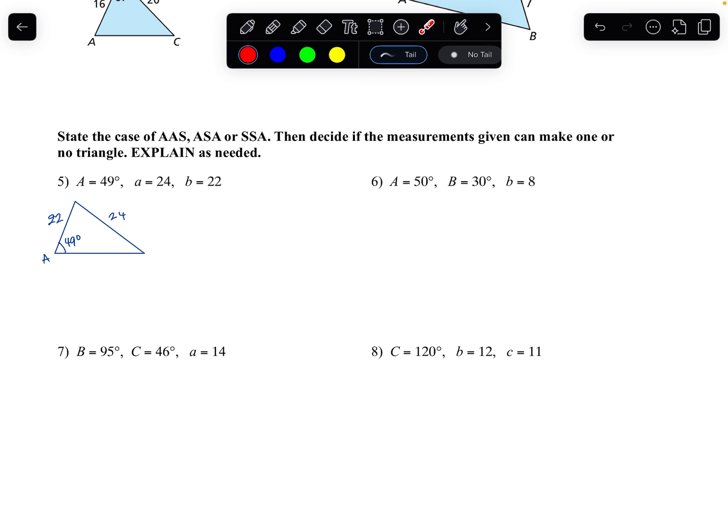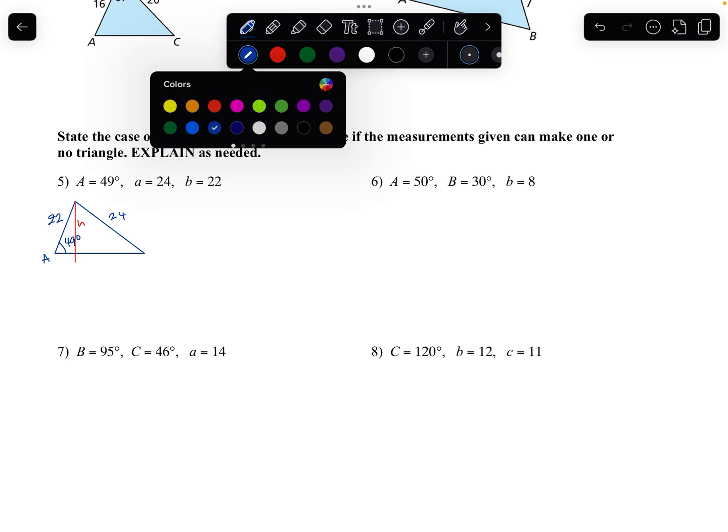Now, with the measurements that they have provided, can they make one or no triangle? In the case of side side angle, it all depends on the height of the triangle. If you were to find the height of this triangle right here, well, we just made a right triangle. So I'm going to use sine to find the height.